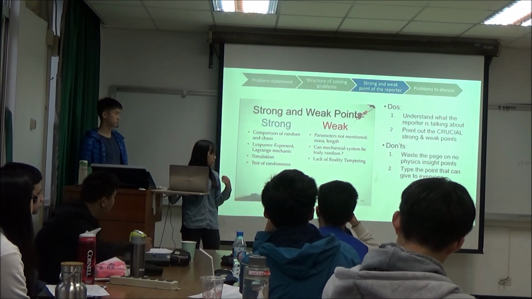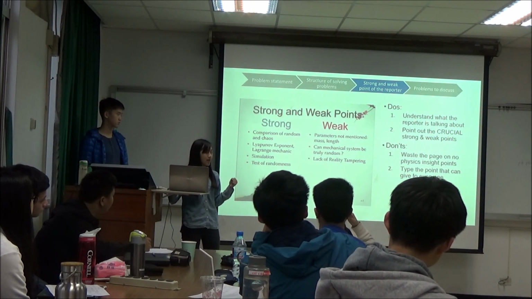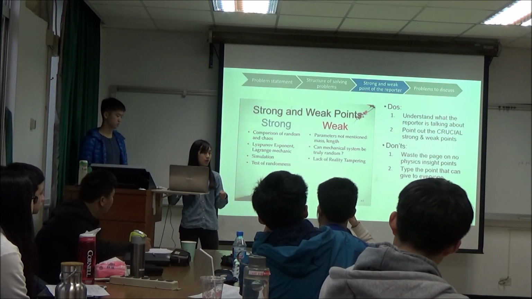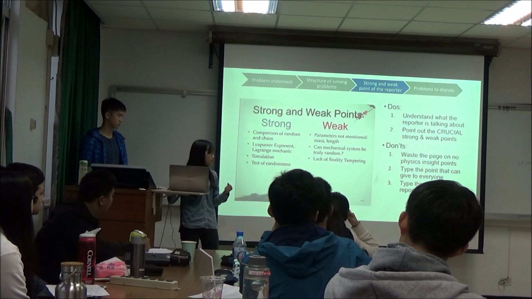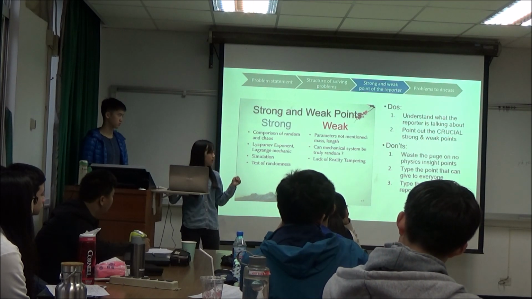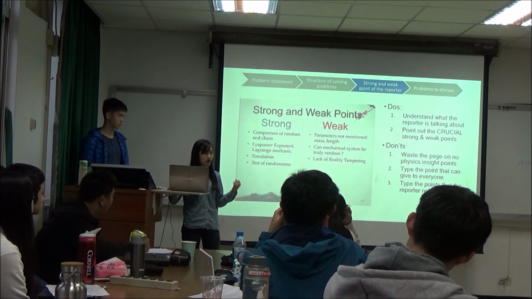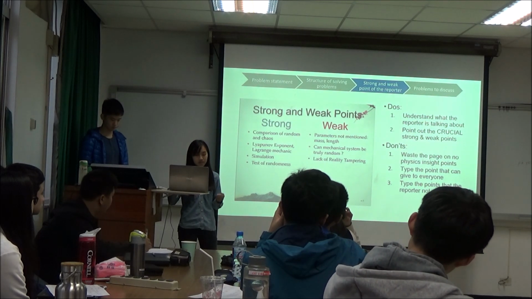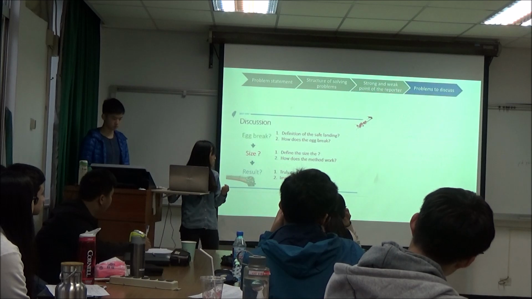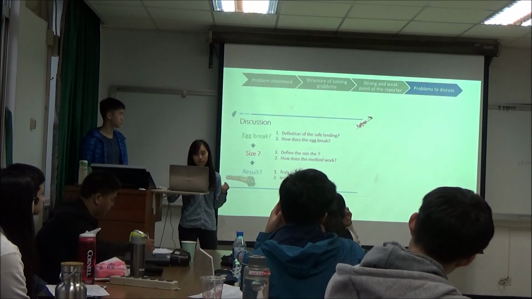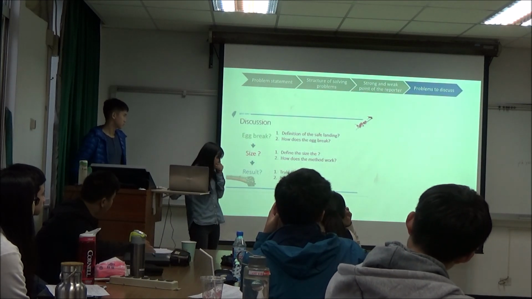And we should not type the points that can be given to everyone. Then it will not be the pros and cons. And we should not type the points that the reporter does not really have. If you type something the reporter does not really have, it will significantly affect your points.